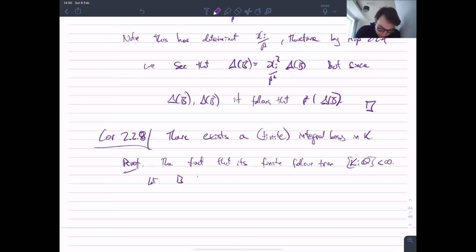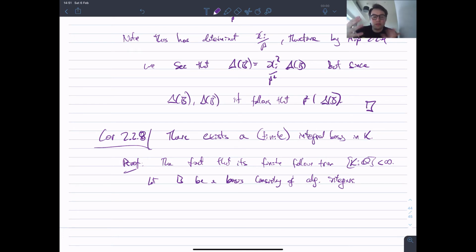So let B be a basis consisting of algebraic integers. You might think, how do I know that a basis consisting of algebraic integers exists? Well, you can always take a basis, and we showed ages ago that if I give you an algebraic number, I can always multiply it by some integer to make it an algebraic integer.